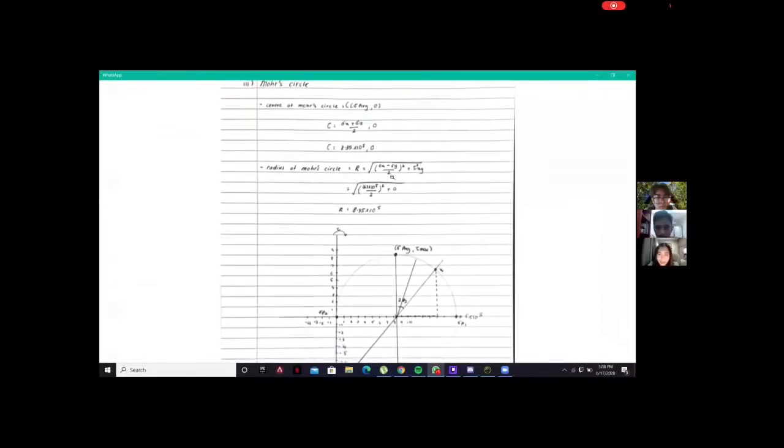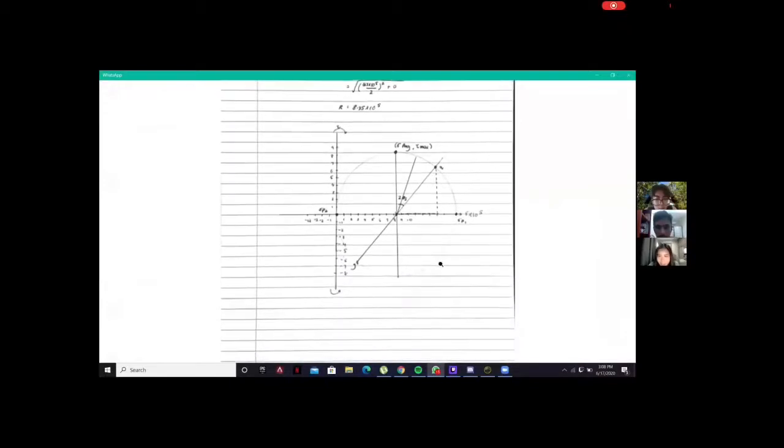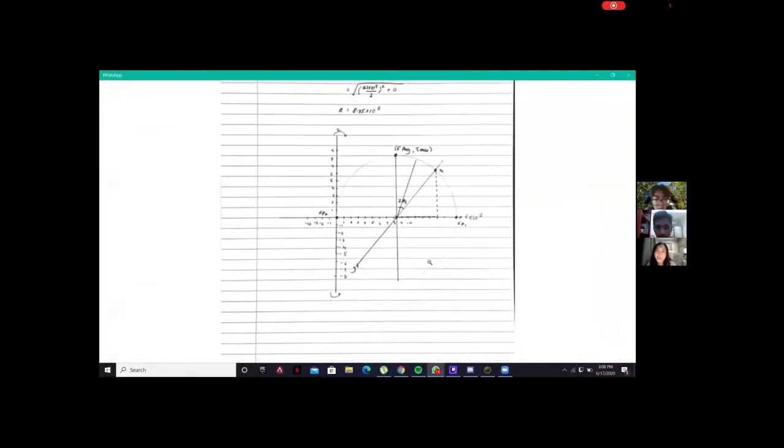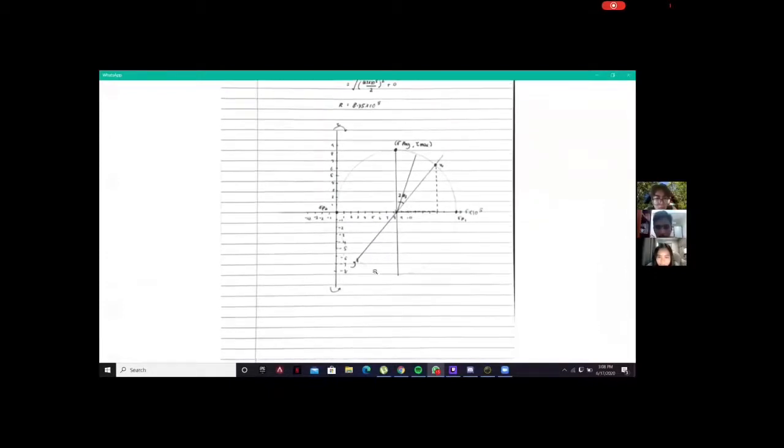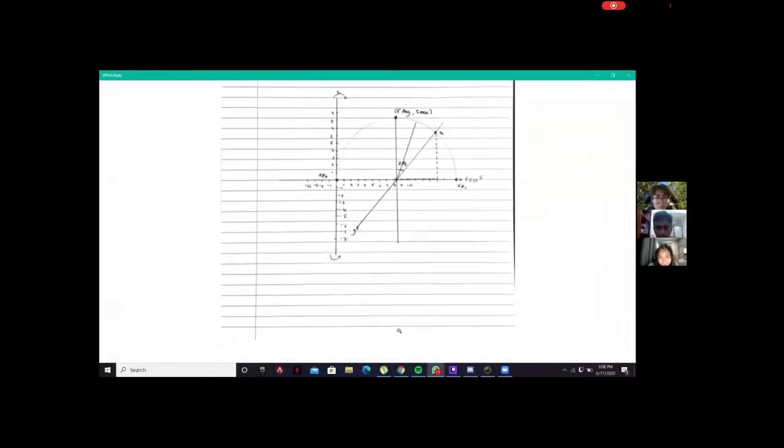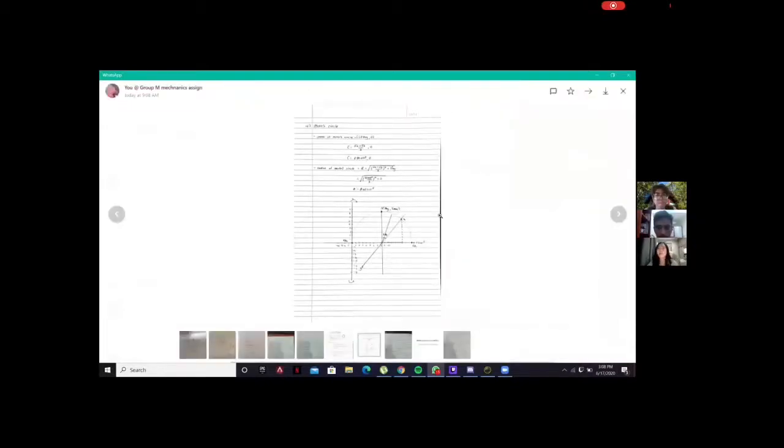Then for the radius, we use this equation, substitute the stress, and we get 8.35 times 10 to the power of 5, and we just need to plot it into the graph, and we can get all the values for the stresses. So that is all for my part.